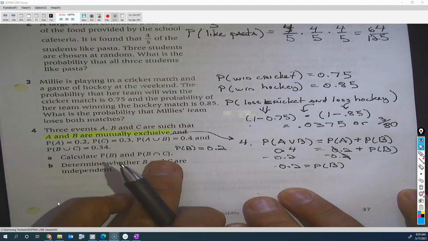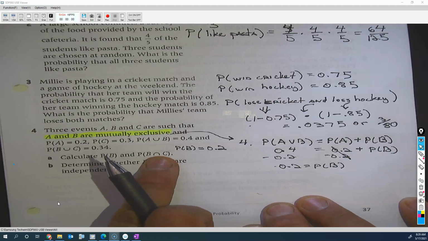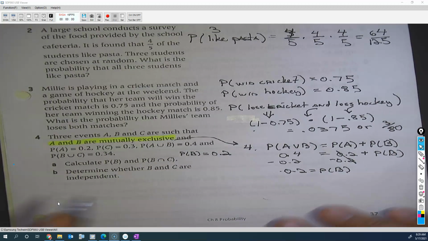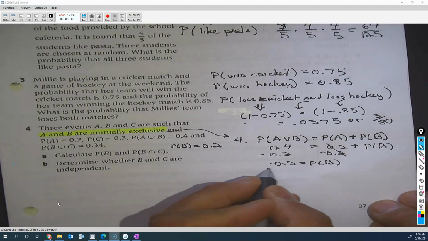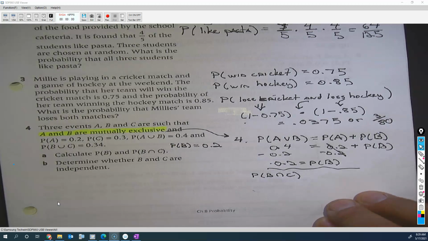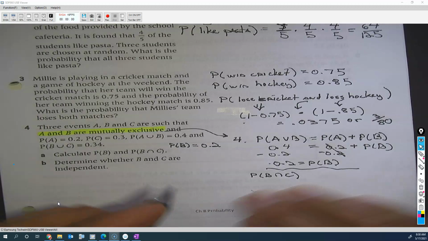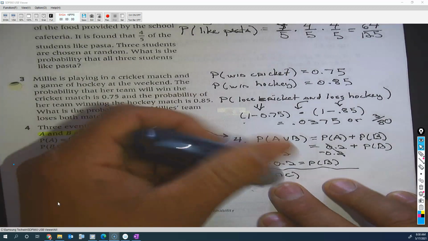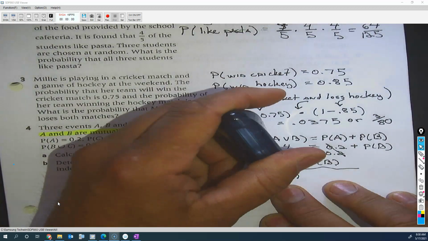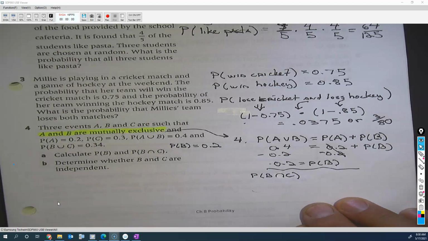All right, and then it says find the intersection of B and C. Okay, P of B intersect C. Oh, excuse me, that's union, not intersection. Sorry. Oh, I'm sorry. No, that is an intersection. Okay.